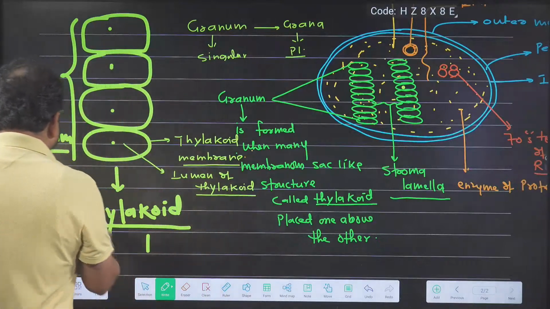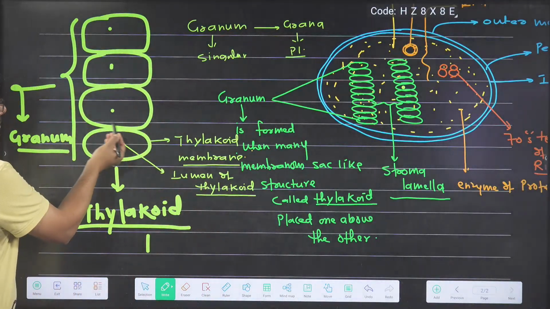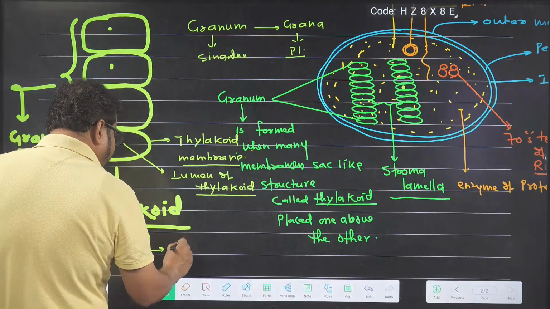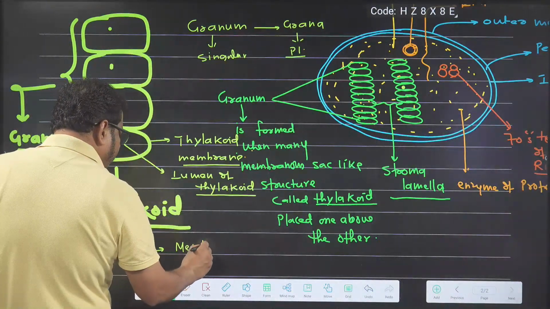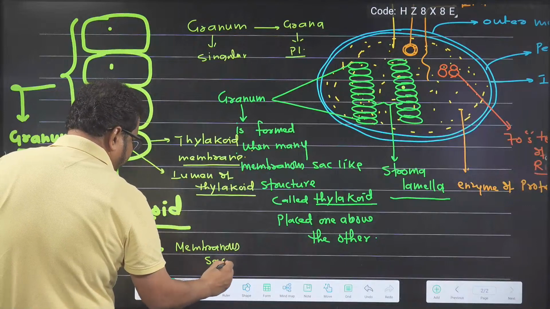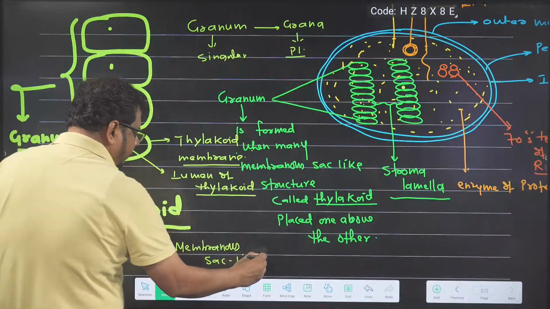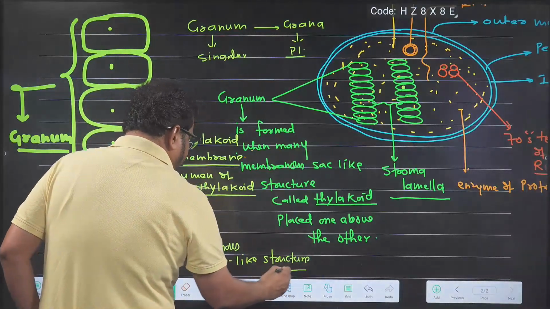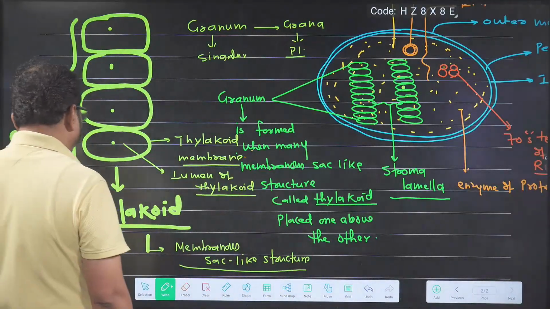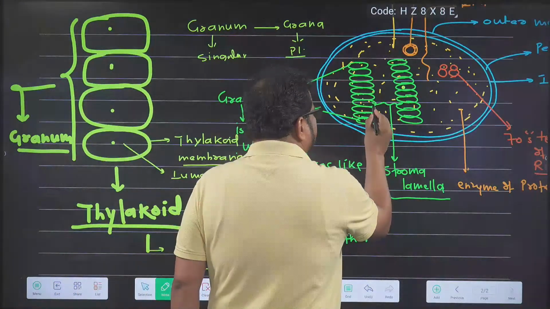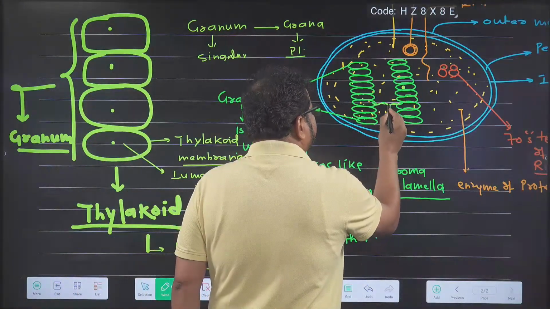Thylakoid is made up of membrane. See, it is a membranous sac-like structure. I wrote already, it is a membranous sac-like structure. Is it clear? Now these two granum are connected by another membranous structure.